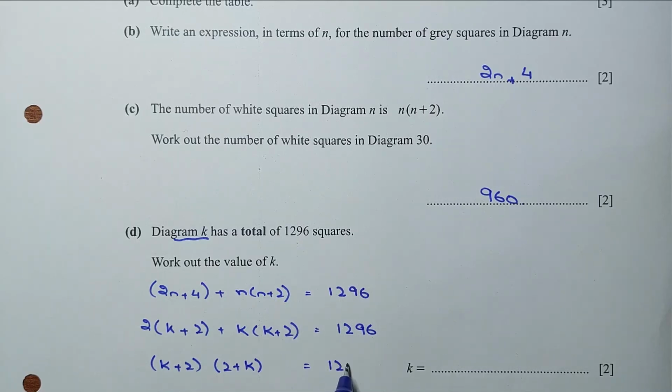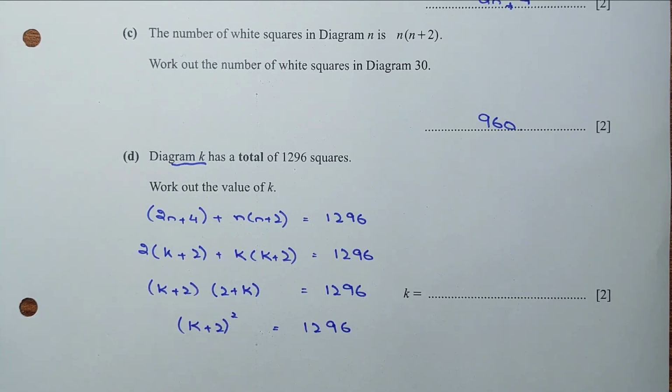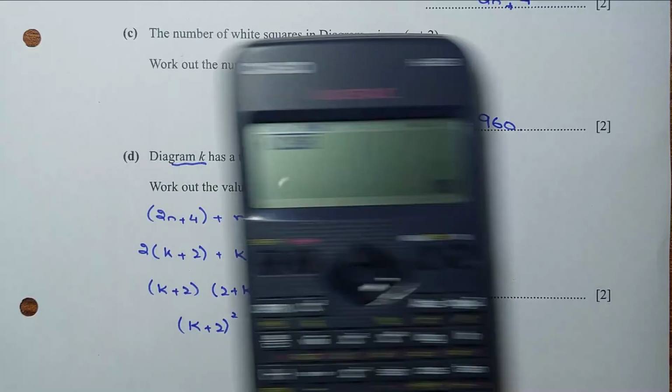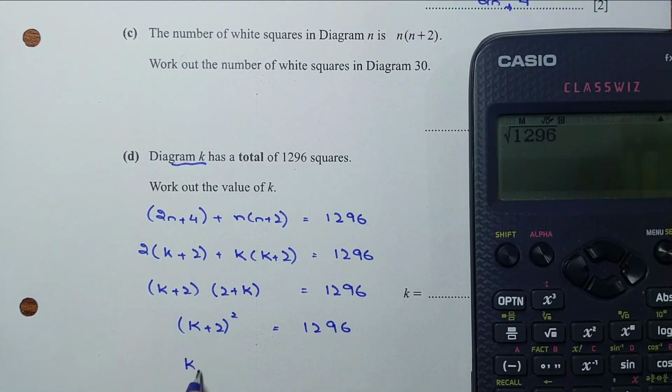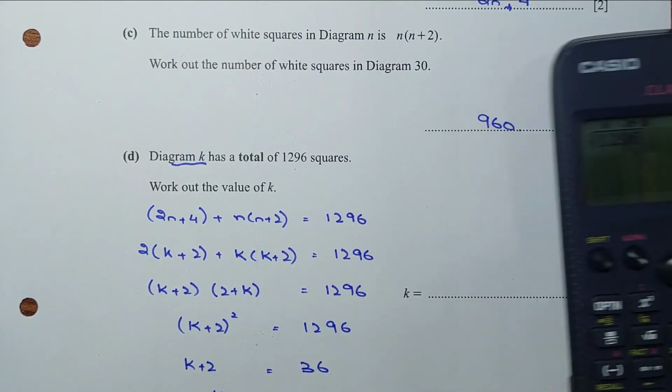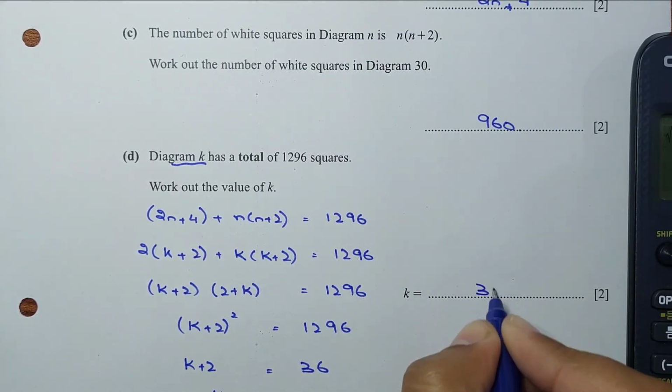This is basically k plus 2 whole square equals 1296, right? Now let me do square roots on both sides. Square root of 1296 is 36. So k plus 2 equals 36, and k is 36 take away 2, which is 34. So the diagram K is basically 34.